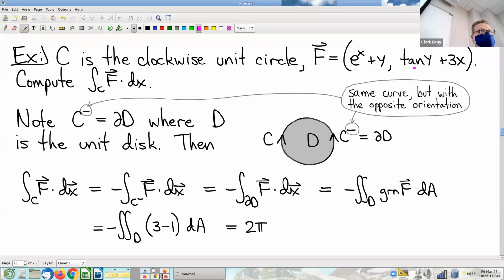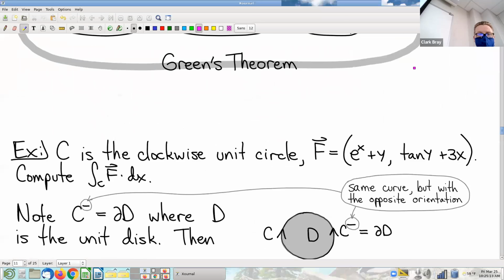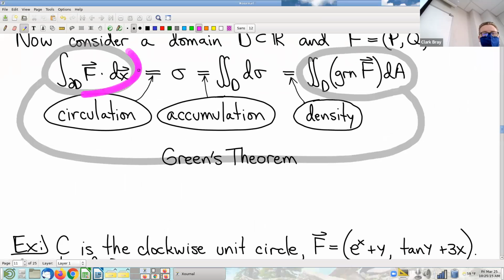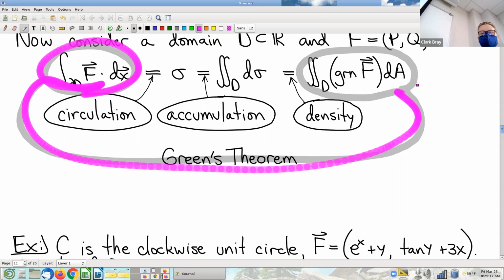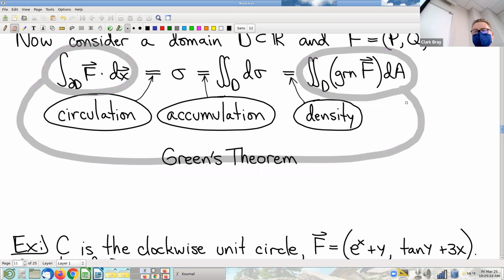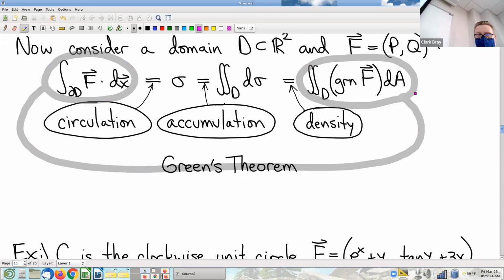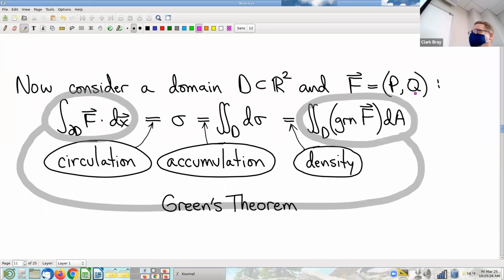Okay, so what we're going to do is try to take a different approach. We have this other tool for computing line integrals, and let's see if we can use that. Now, there is a catch. Green's theorem does not say you can compute any line integral with the following formula.